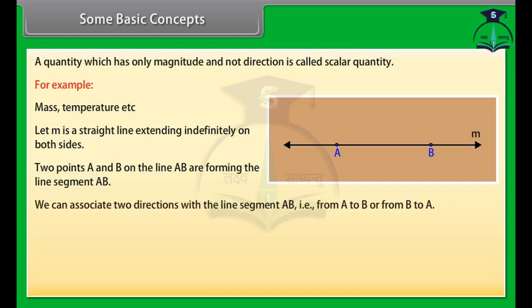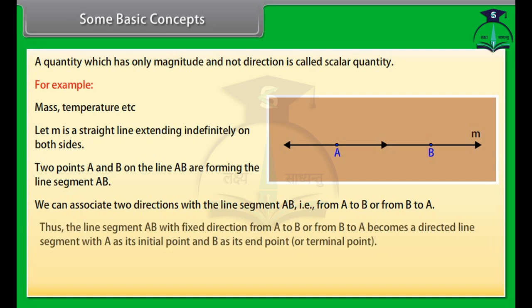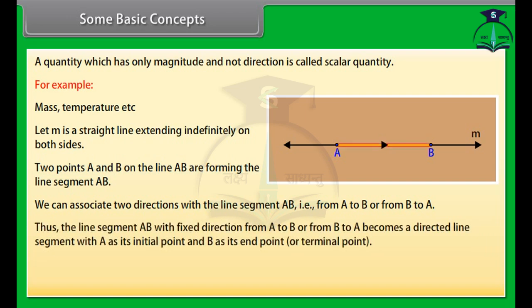We can associate two directions with the line segment AB, that is from A to B or from B to A. Thus, the line segment AB with fixed direction from A to B or from B to A becomes a directed line segment with A as its initial point and B as its end point or terminal point.